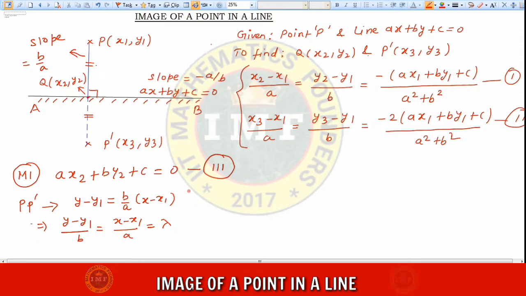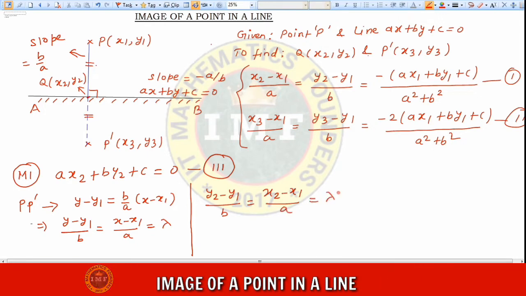Now we see here that x2, y2 is also lying on PP dash. So for some particular value of lambda we will get the point Q also. So I can say y2 minus y1 upon b is equal to x2 minus x1 upon a, which is equal to lambda.